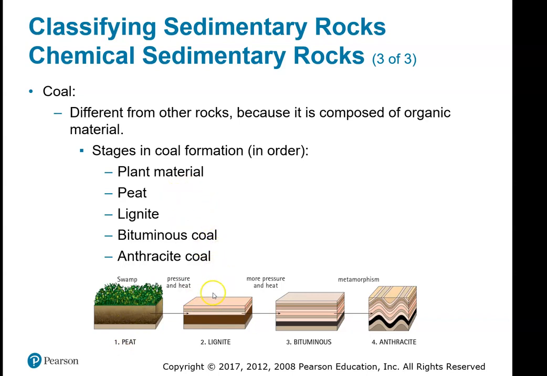As it died, you had layers of it that formed, and they have different names for these things. So let's say the peat had died after a certain amount of time. Some pressure and heat causes the peat to turn into this stuff called lignite, right?